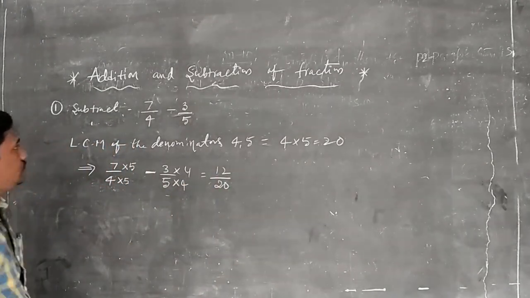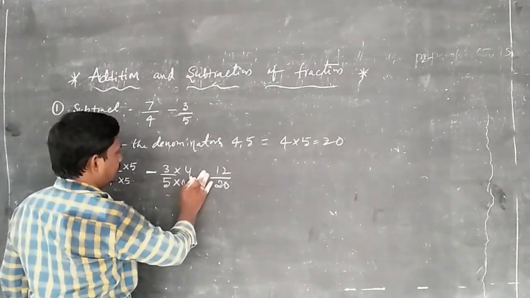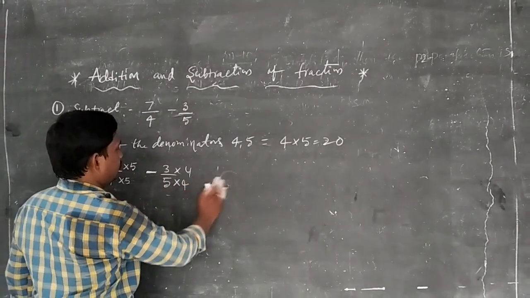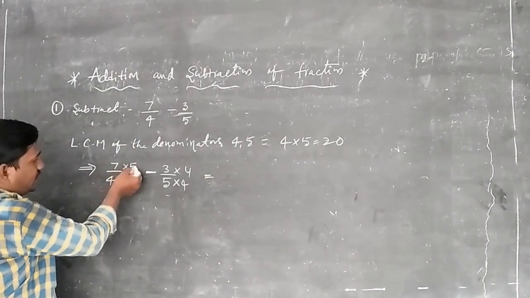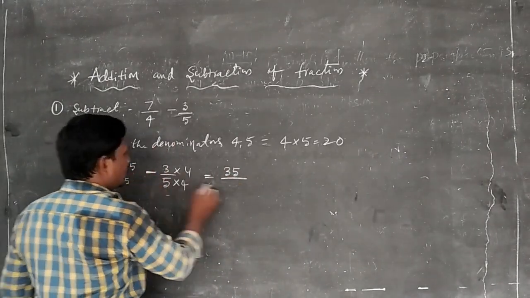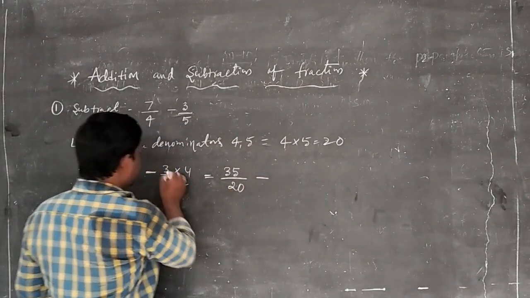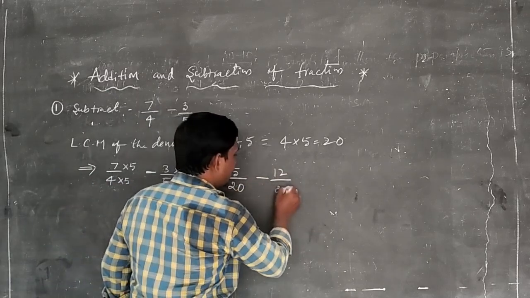So 7 5s are 35 by 20 minus 3 4s are 12 by 20.